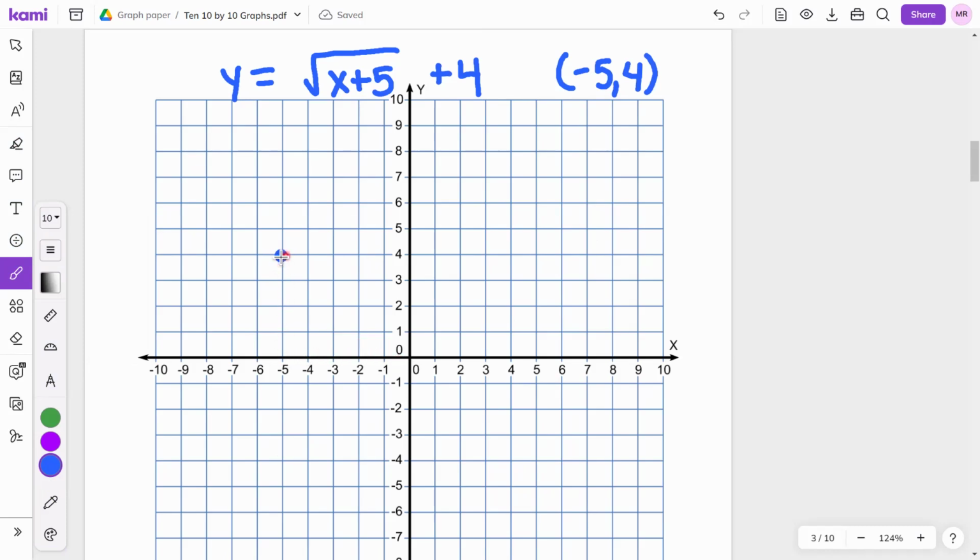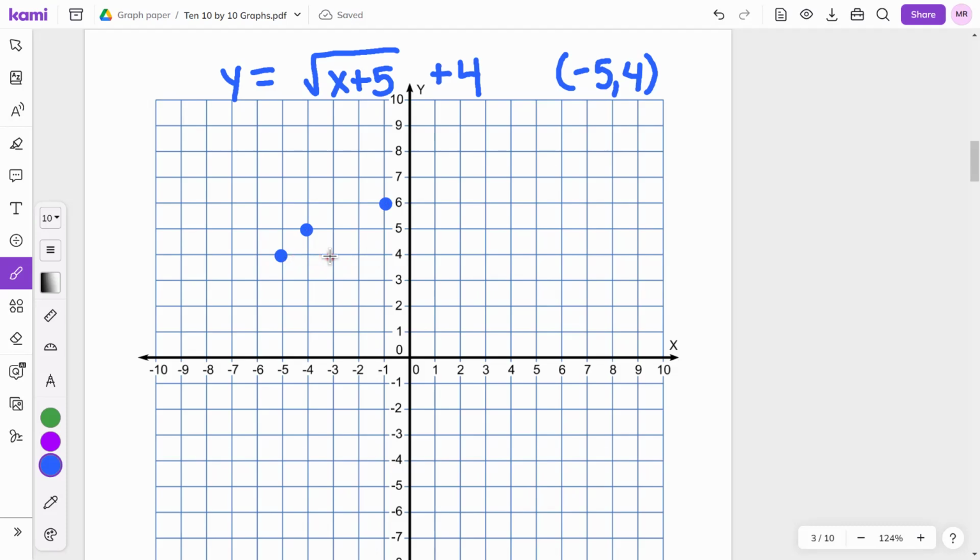And this is where I'm going to start doing my square root. It's just a basic square root. So from here, I'm going to go out 1. Square root of 1 is 1. From the starting point, I'm going to go out 1, 2, 3, 4. And the square root of 4 is 2. So I'm going to go 2 up from the starting height.